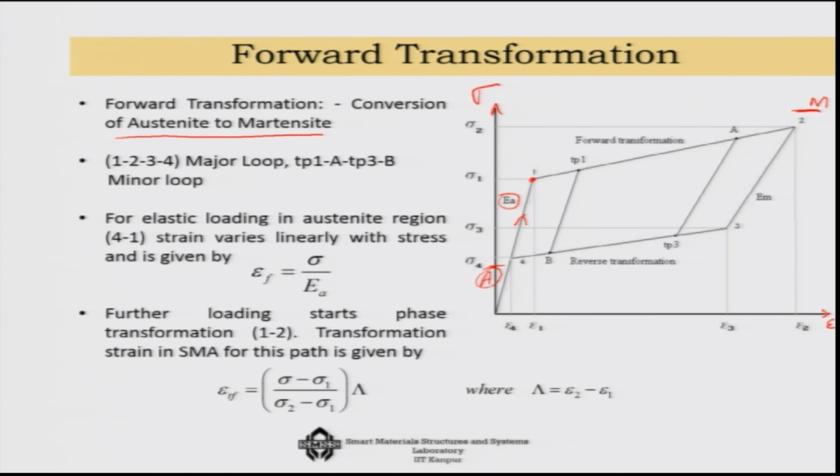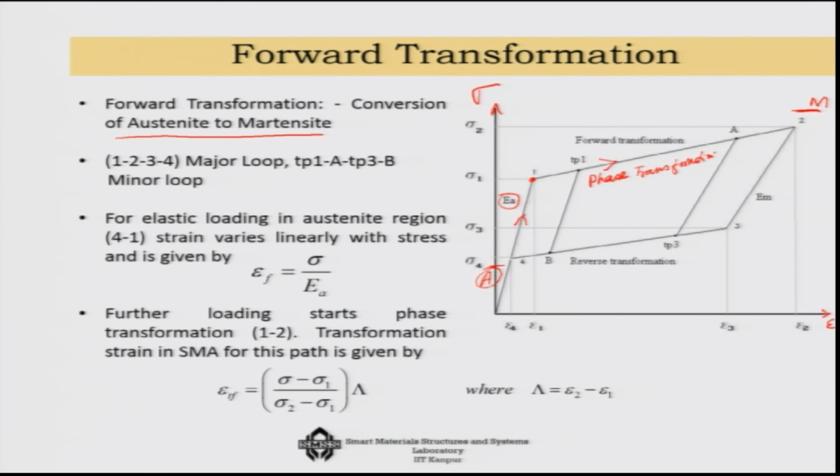This is where the phase transformation is occurring. This is also sometimes referred to as pseudo elasticity, because you get a large deformation here that looks like plasticity, but it is not, it will go back to the elastic region. So, the phase transformation happens at this stage.